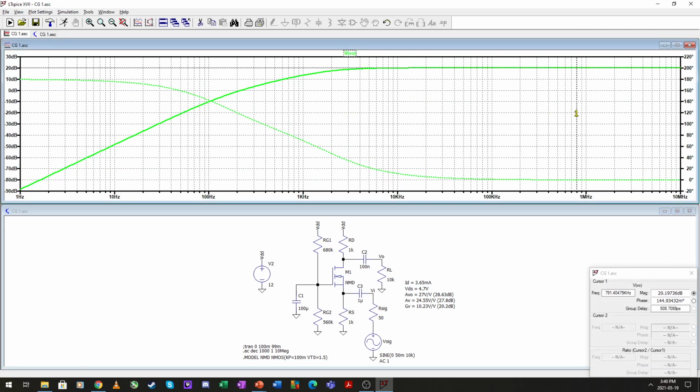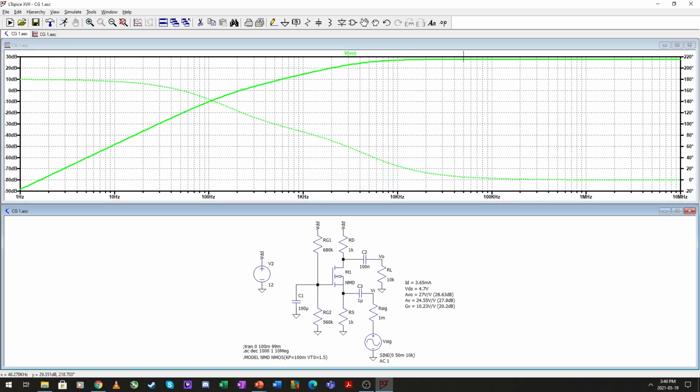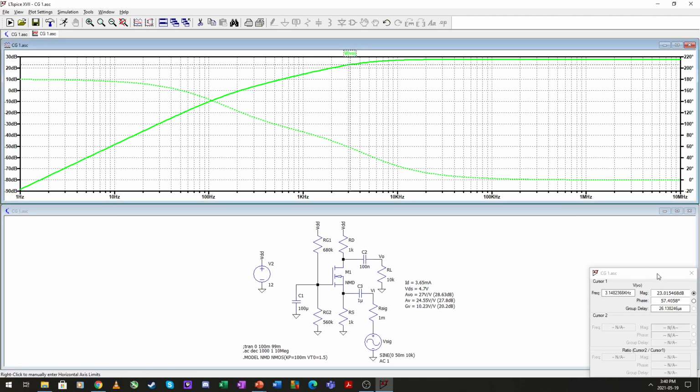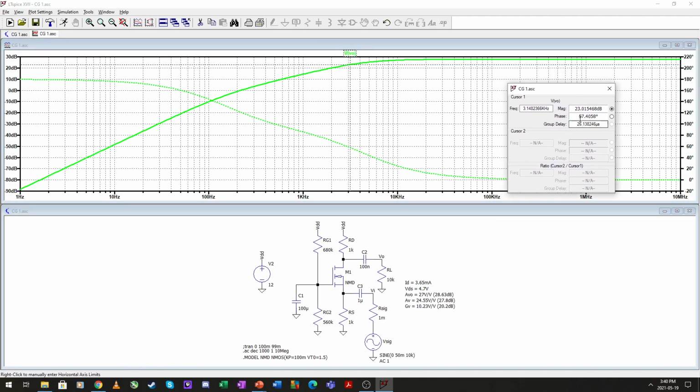So there is our gain at 20.2 decibels, and this will increase if we make this input say 1 milliohm and no input loading. That went up by quite a lot, 23 decibels.